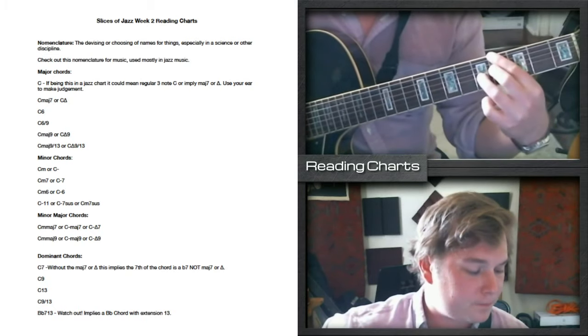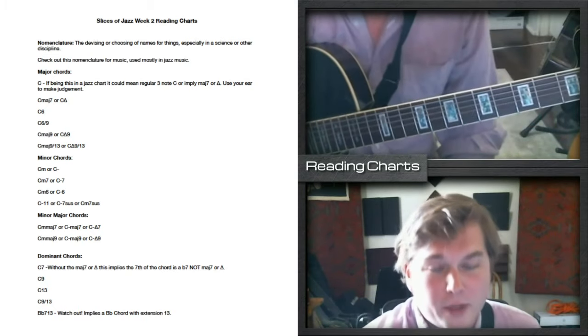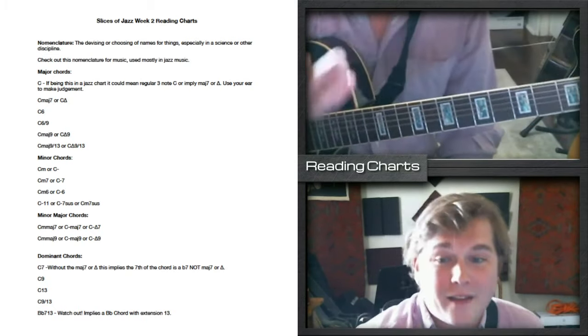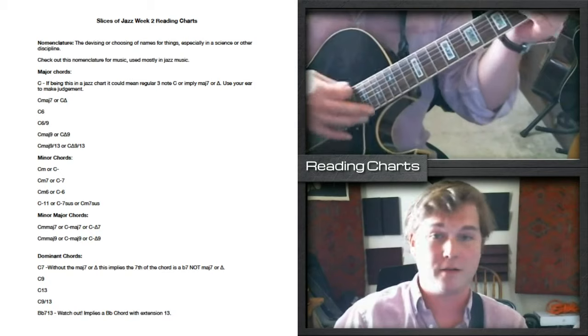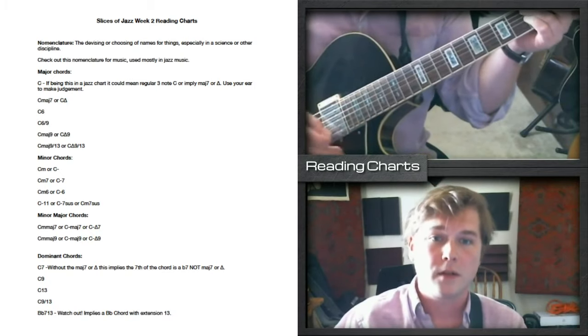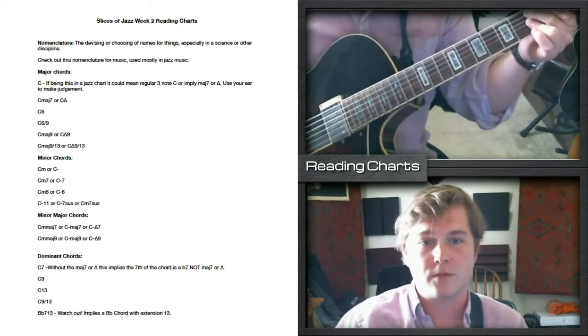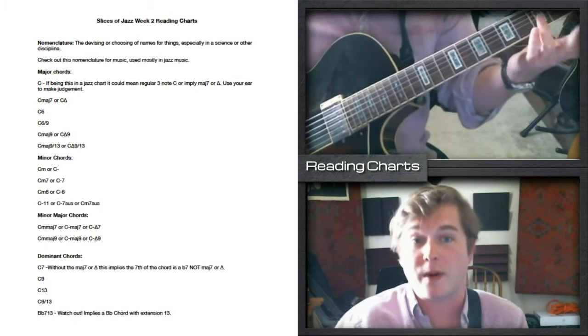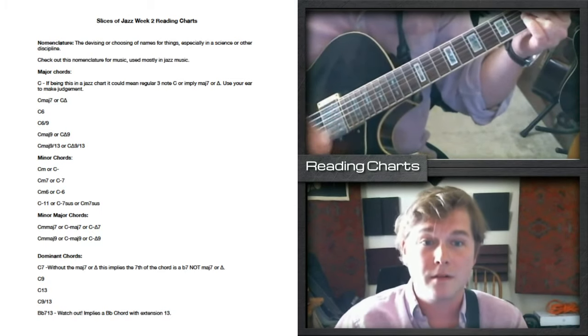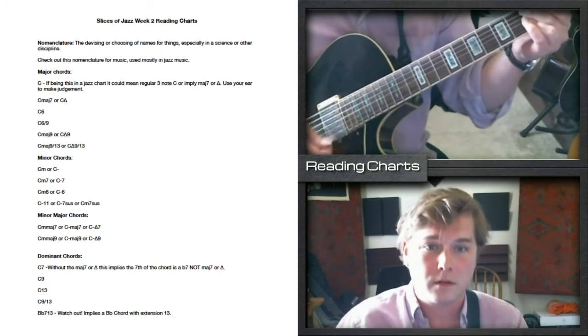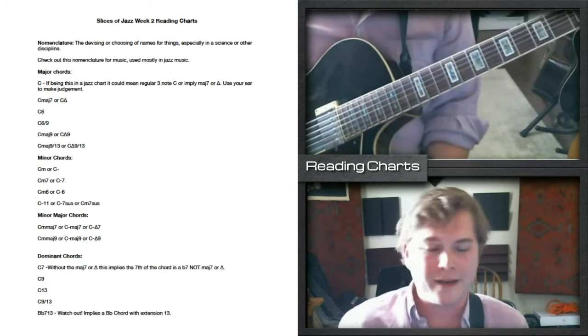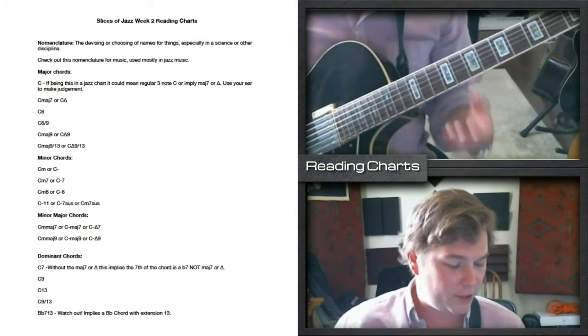But you see these all the time, too. Like a C ninth, right? Like I said, it's the funky kind of sound. For some reason I always associate that with James Brown, Prince. So ninths and C7s are great for that.